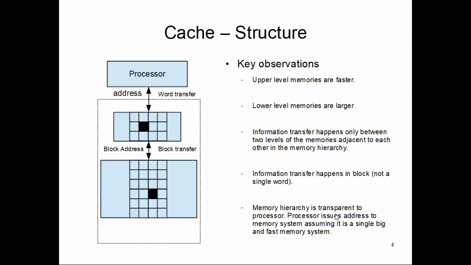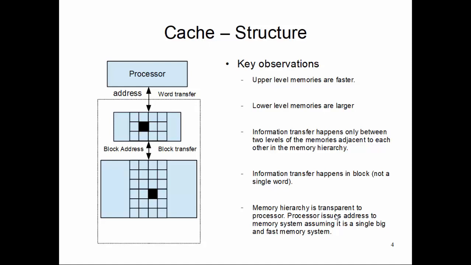What we have learned from the previous lecture is there are a couple of key observations. One is that upper level memories are faster, lower level memories are larger, information transfer happens only between two adjacent levels of memory, and information transfer happens in a block, not a single word, but multiple words together are transferred from lower level to higher level and vice versa.